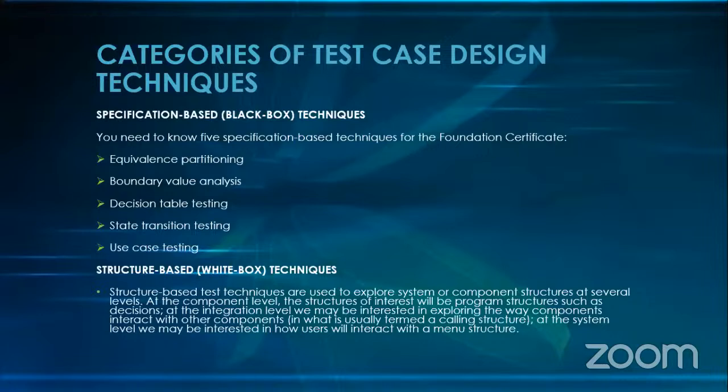I will keep reminding you so that you don't forget it. And the second one is structure-based, which I've just talked about. So specification-based is black box because we can see it. All the examples I gave you are things that you can see. Black box is something you can see physically. White box is internal. That is why it's code-based.